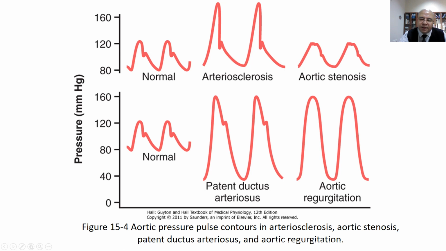There are some diseases affecting aortic valves, for example, rheumatic fever. In this disease, there are antibodies produced against streptococci, and these antibodies cross-react with the tissues in the aortic valves, the semilunar valves, and this inflammation is healed or recovered.